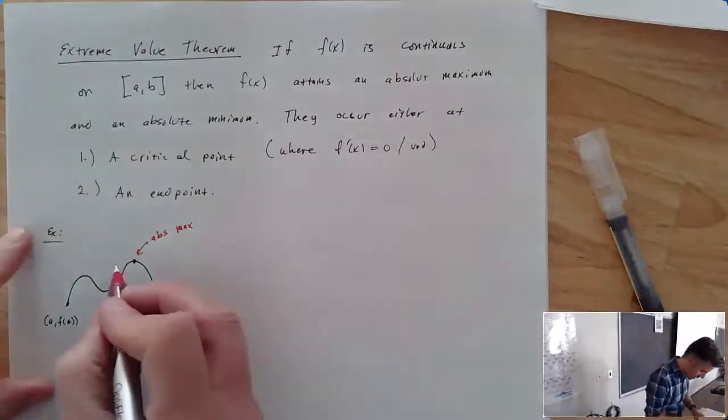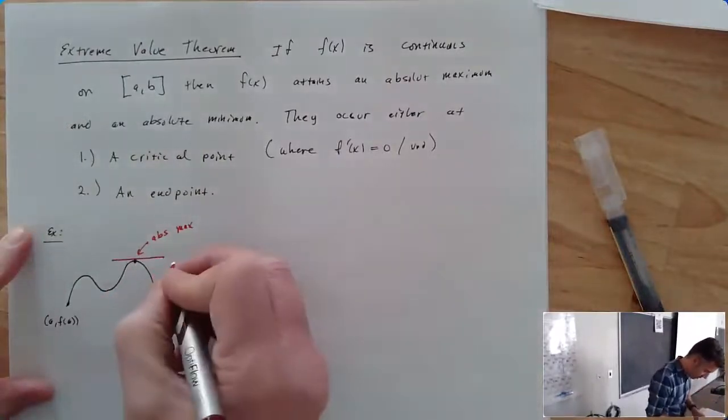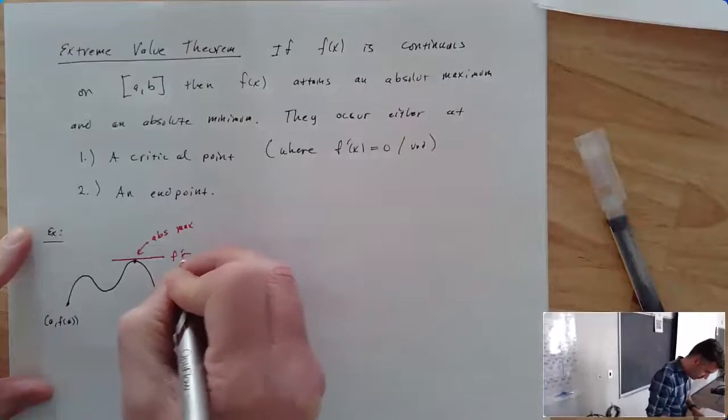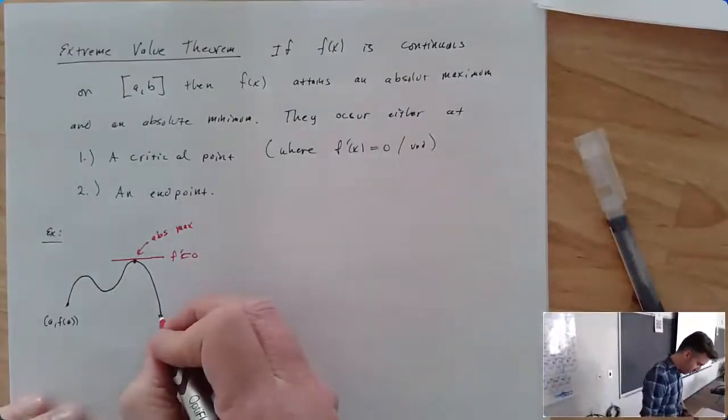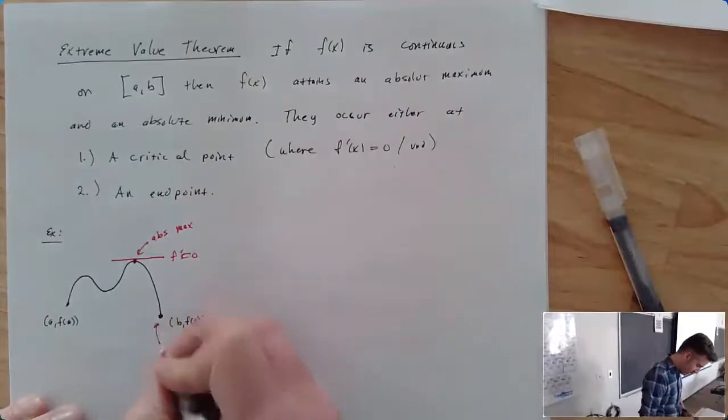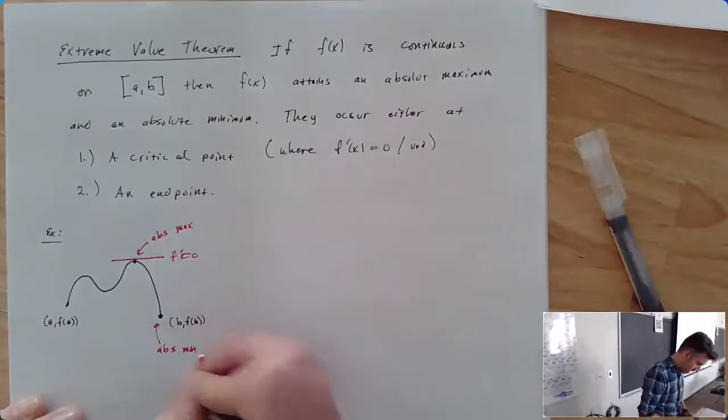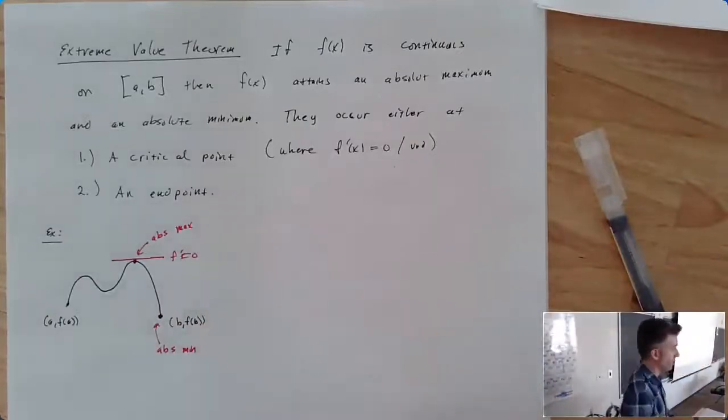The slope of the tangent line there is definitely equal to 0. The other absolute extremum is right there. There's my absolute minimum, apologies, at the endpoint. That is definitely the lowest point on the graph.